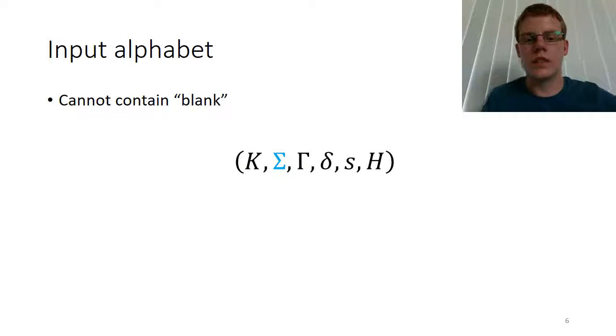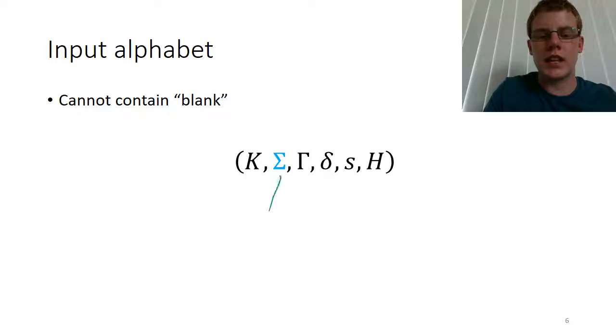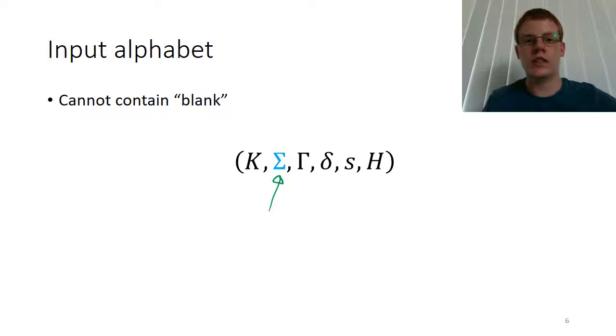Sigma, as always, is the input alphabet. So it's the alphabet that the strings that our machine, in this case our Turing machine, has to deal with must come from. But because we have this tape that has spots on it, we're going to have a symbol that represents there being a blank in the cell at the moment.